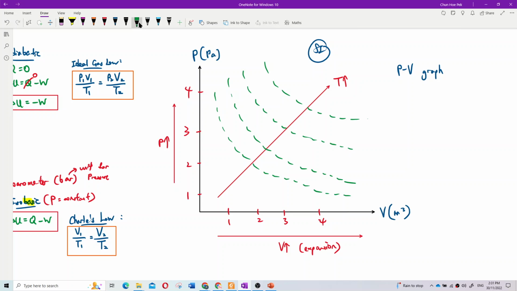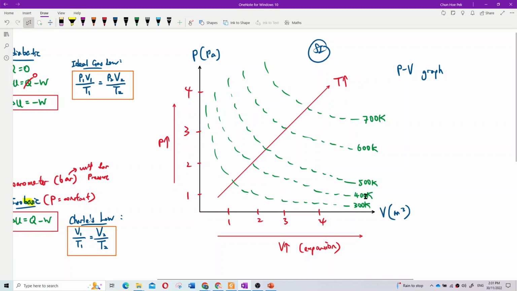Like that. Another one. Okay? You satisfied? So, going away from the axis of pressure and volume, the temperature increases. So the lowest line can be, let's say, 300 Kelvin, and then going up the line is 400 Kelvin, and then 500 Kelvin, 600, 700, and so on.